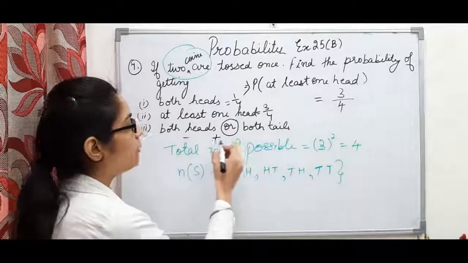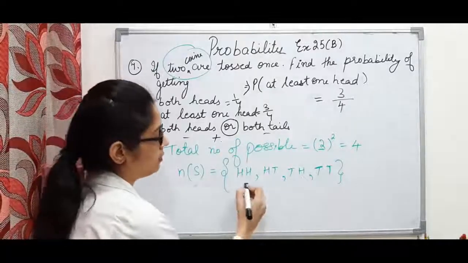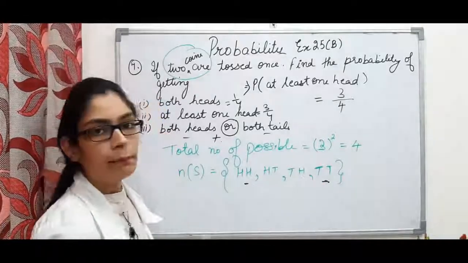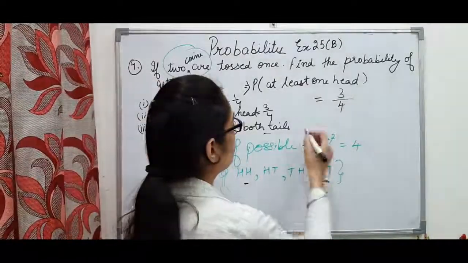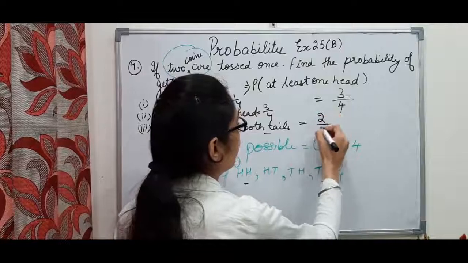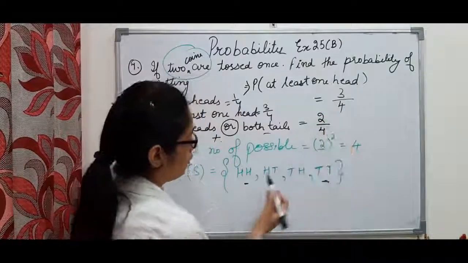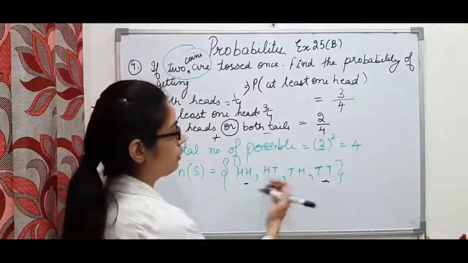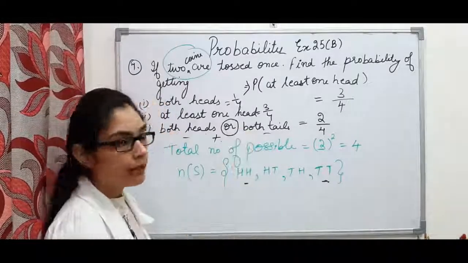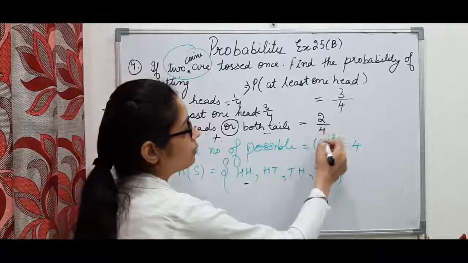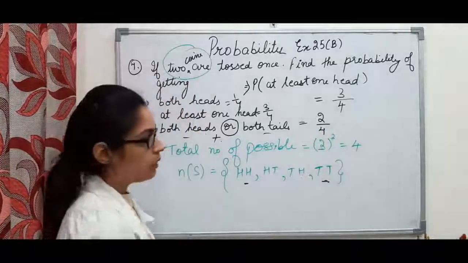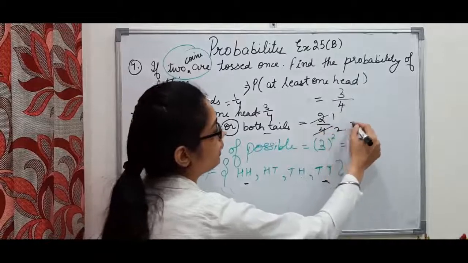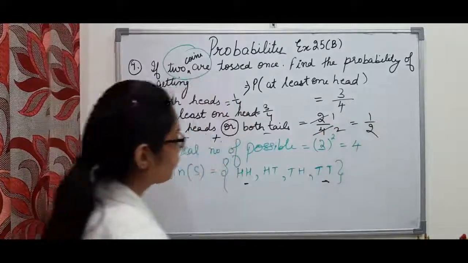So both heads, 1, plus both tails, 1, so 1 plus 1 equals 2. So it will be 2 by 4, because both heads I have taken and both tails I have taken. Cancelling, 2 into 1 is 2, 2 into 2 is 4, so it will be 1 by 2.